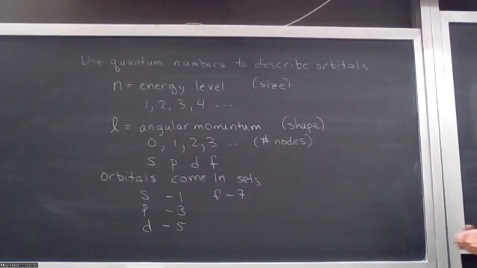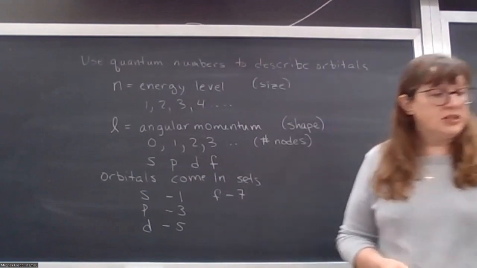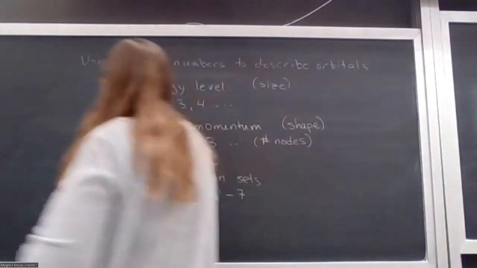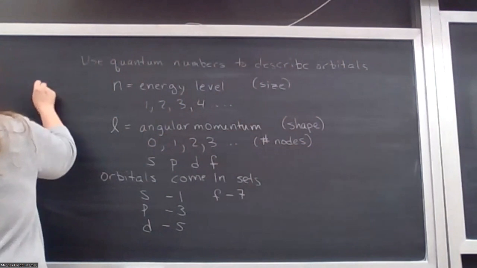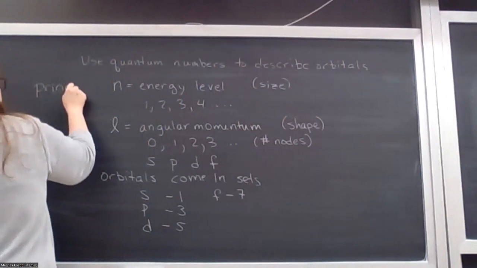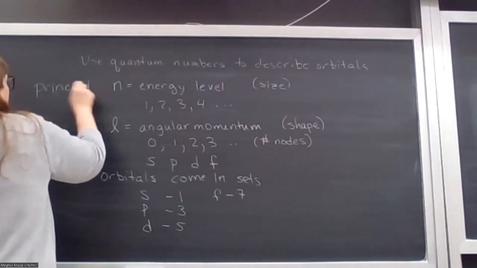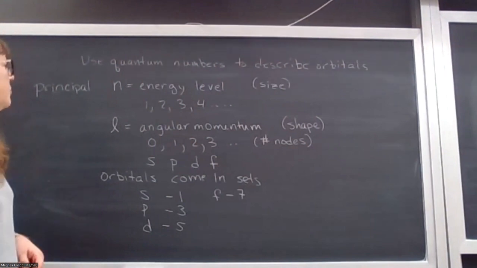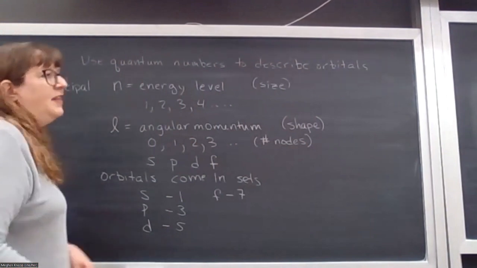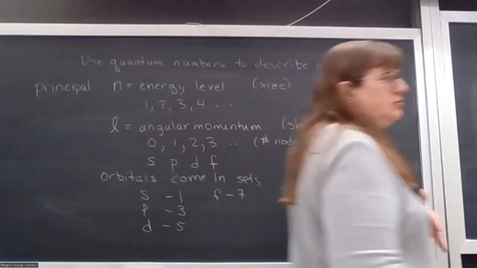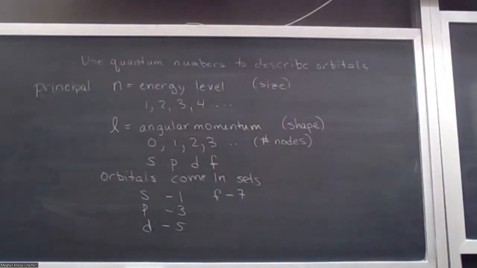The first one is called the principal quantum number. We use the letter N, and that's just describing the energy level. It's kind of like what level of the building are you on? First floor, second floor, third floor, and it can be any natural number up to infinity.